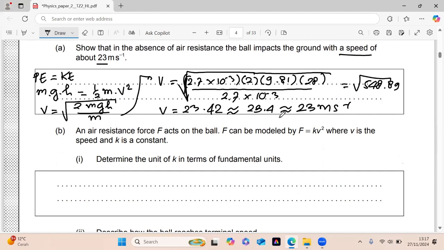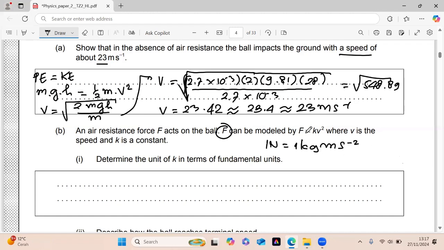Force is measured in Newton. 1 Newton actually equals 1 kilogram meter per second squared. This is 1 Newton.